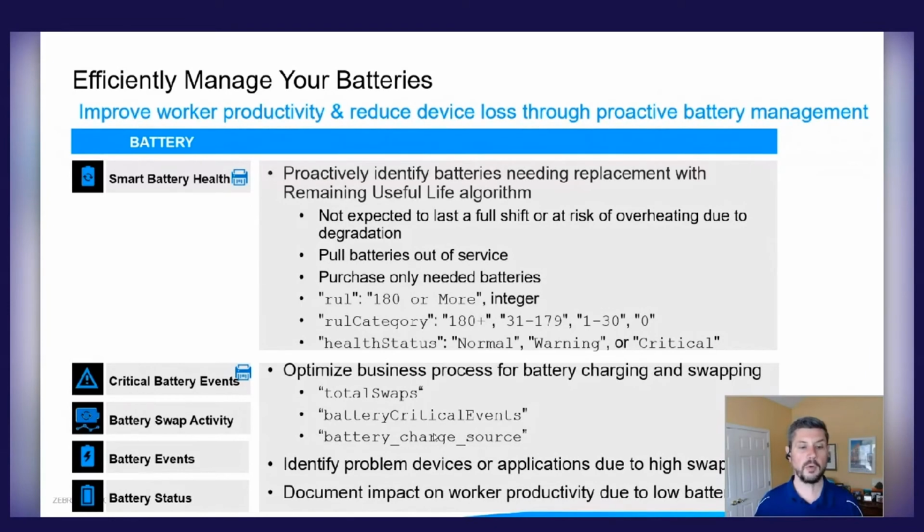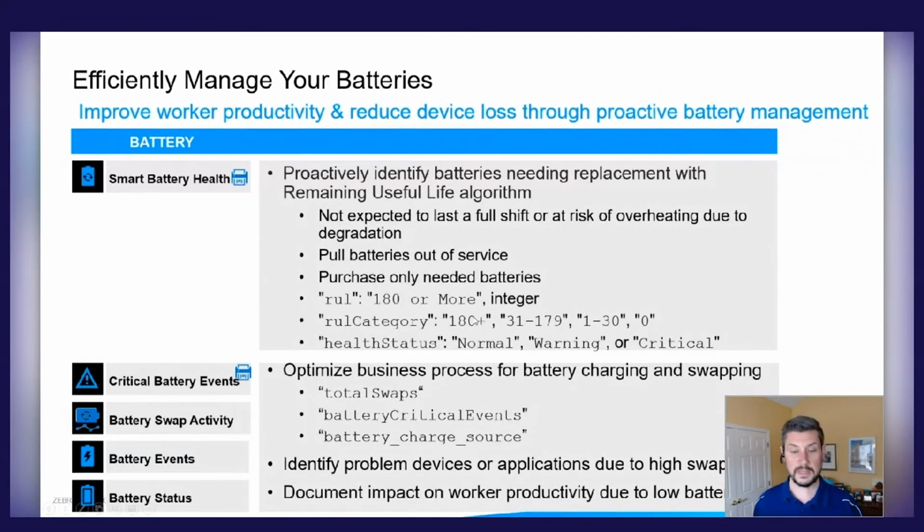So having a strong battery management system is extremely beneficial. How can we help with that? That gets into that remaining useful life algorithm that I was mentioning. So within this, we call that RUL, remaining useful life. We have a number of different thresholds within this. So we have a specific number of days. So it's from 0 to 179 and then 180 or more.